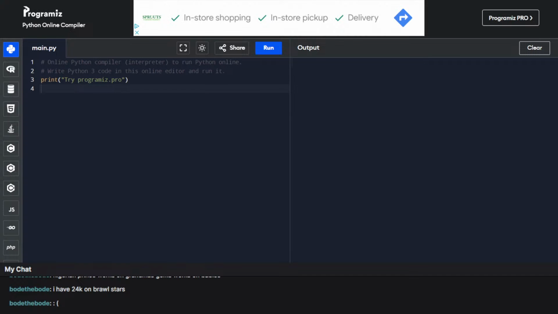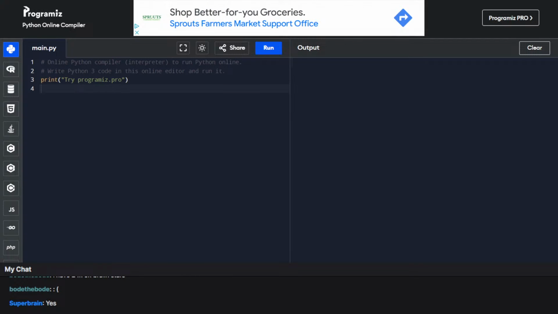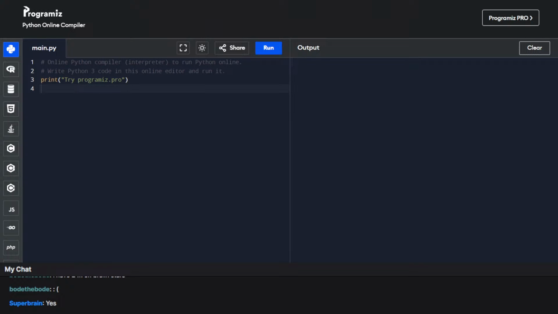But if it's just regular if, then X could be something else, technically, I guess. Oh, because it's just the one case, so X could still be something else but still fulfill the conditions of this one case of not X is true. Superbrain says yes. Oh, it's interesting.